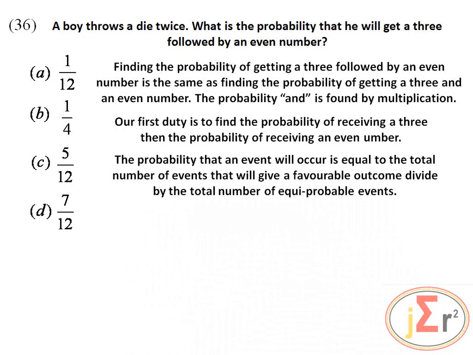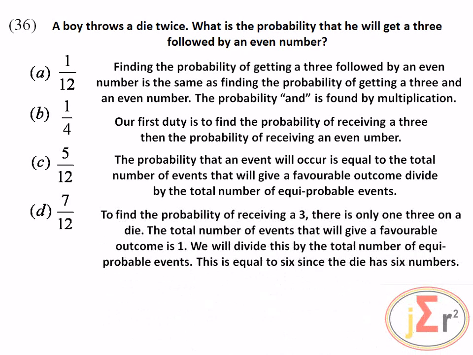The probability that an event will occur is equal to the total number of events that will give a favorable outcome divided by the total number of equiprobable events. So the probability that this will occur is equal to the number that will give the required result divided by the total number.